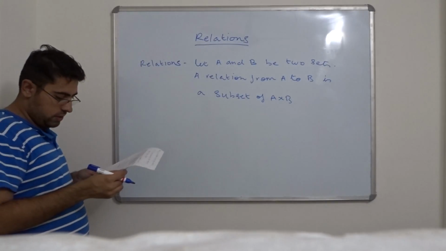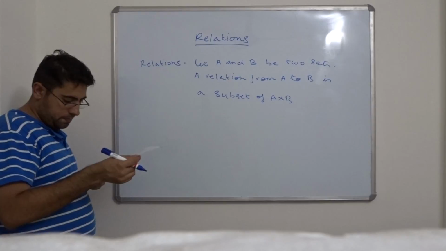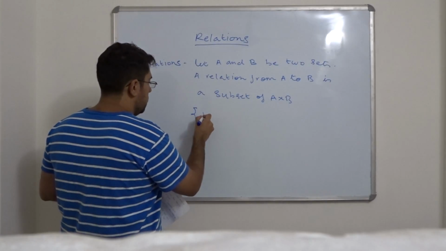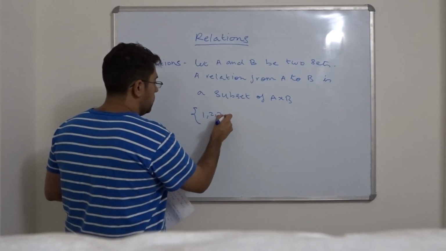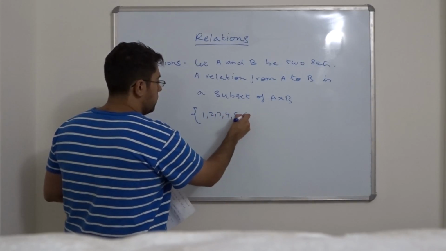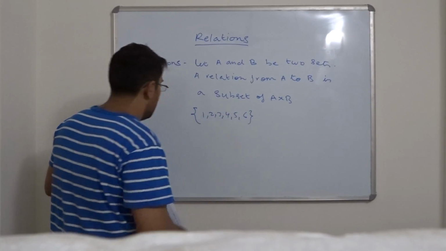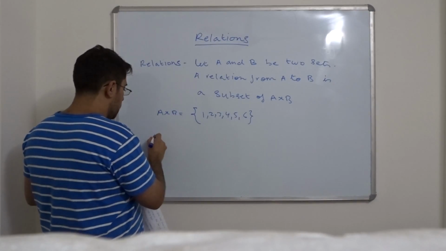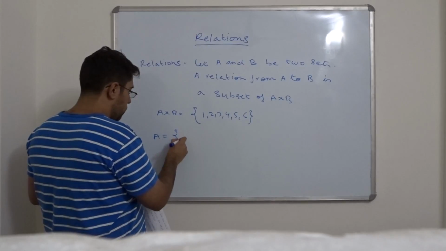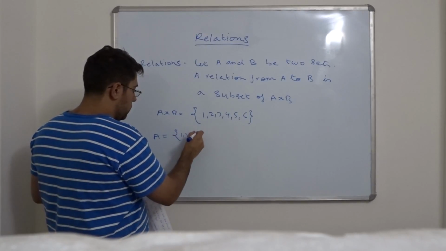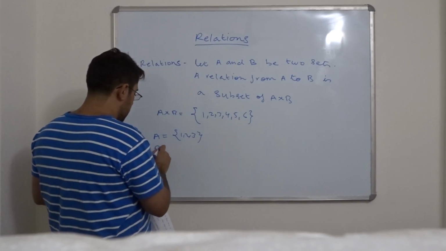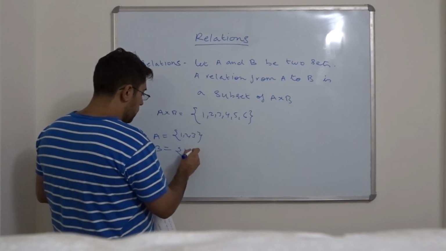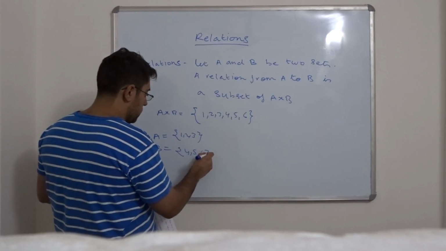Say you have maybe A times B is 1, 2, 3, 4, 5, 6. So say this is A times B. A is equal to 1, 2, 3, and B is equal to 4, 5, 6.